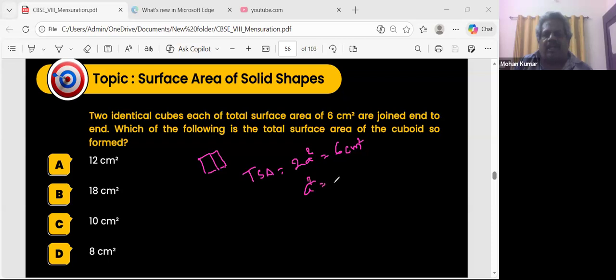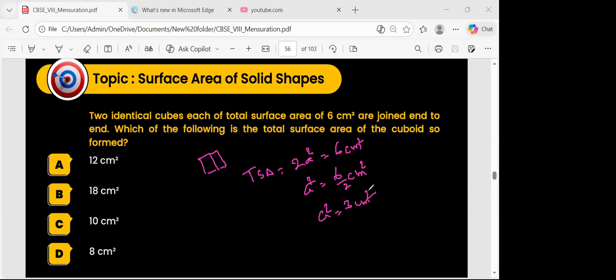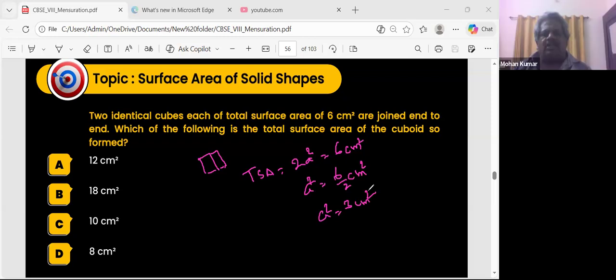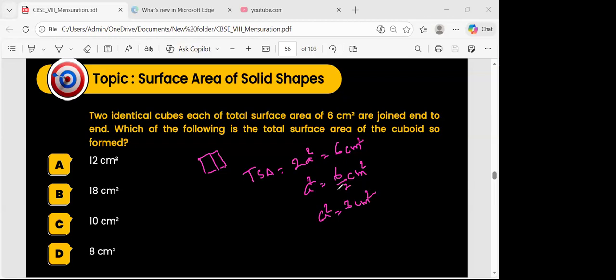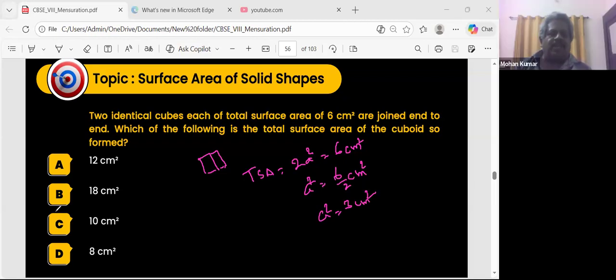So a square equals 6 by 2 centimeters square. A square equals 3 cm square. Is it right? Yes, sir. Which of the following is the total surface area of the cuboid? They asked for the total surface area, 18 centimeter square? Now we made a mistake here, everybody.